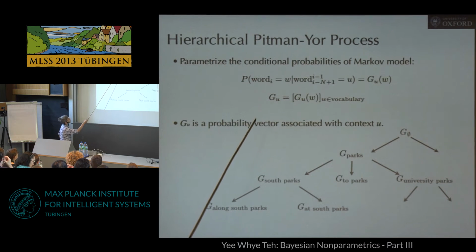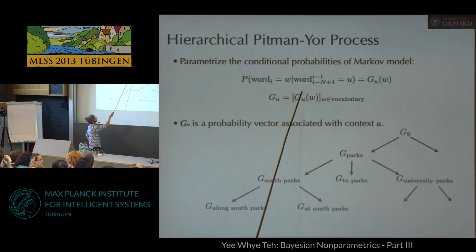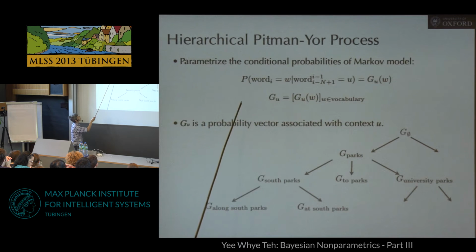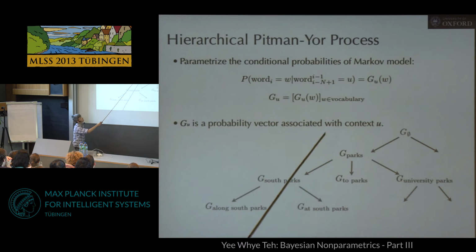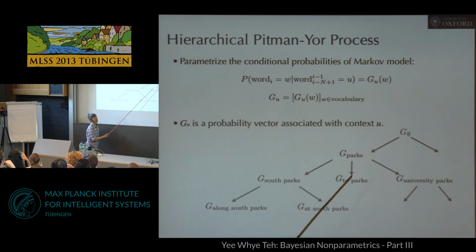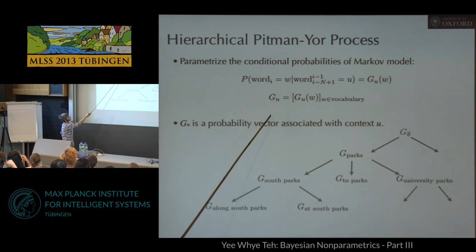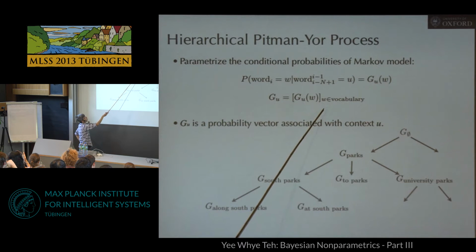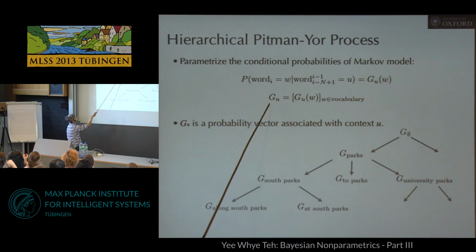Given that the context sequence of words is u, the probability of the next word being w is going to be parameterized by G_u(w). And of course G_u, which is this vector of probabilities where w ranges over all the words in our vocabulary, is simply a probability vector. So the parameters of our Markov model consist of these probability vectors, which we can arrange in a tree like this.